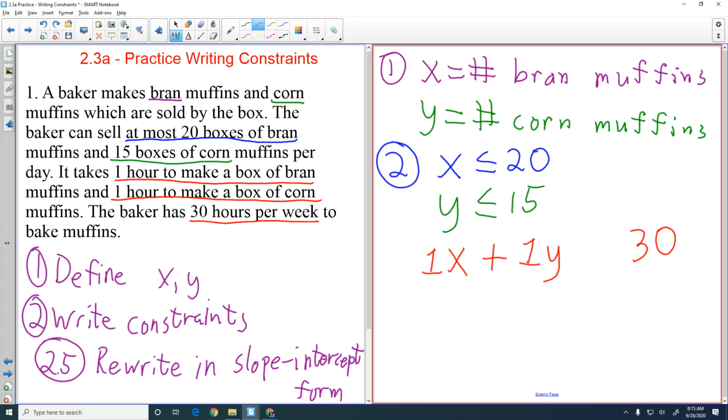But which inequality sign do we use here? Can I spend more than 30 hours baking muffins? No. Can I spend less than 30 hours baking? Sure. So when I add those hours on the left, that total has to be less than or equal to the maximum of 30 hours that the baker has per week.